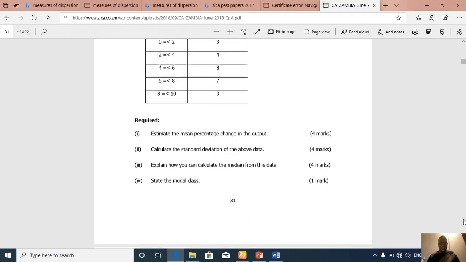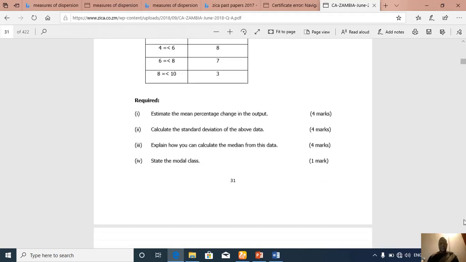The second question is saying calculate the standard deviation of the above data. Standard deviation, as we have already said, is simply a measure of dispersion, measuring the spread of the data within the distribution.